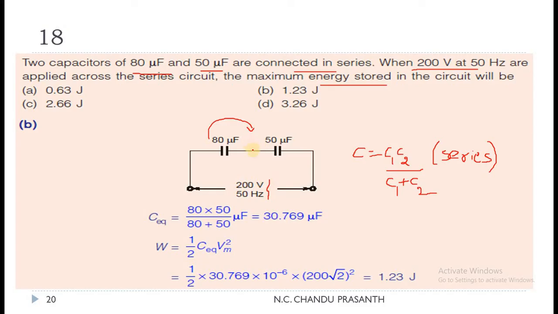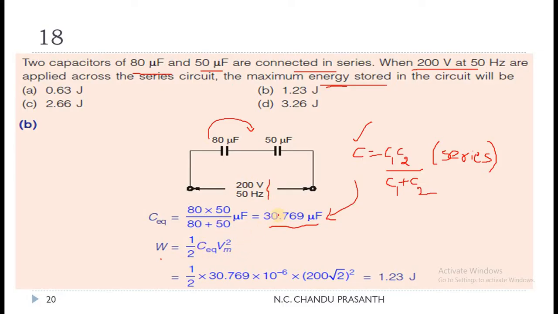When two capacitors are in series, we have the formula C equal to C1 C2 by C1 plus C2. According to that, we can do the calculation. We get 30.769 microfarads as the equivalent capacitance. What they asked is energy stored. Energy equals work done, which equals half C V square.